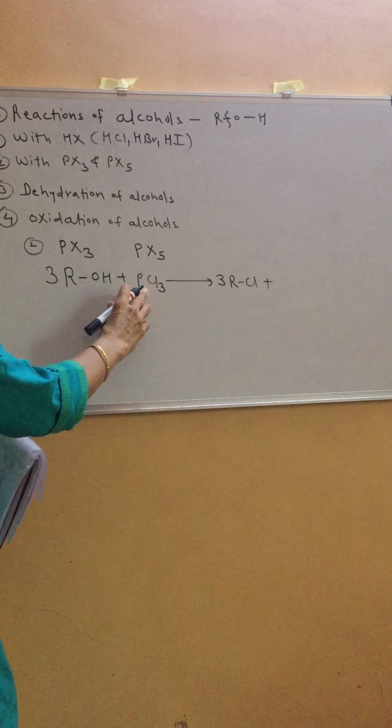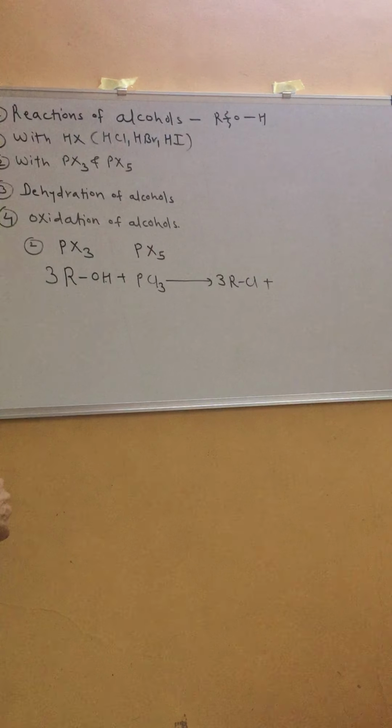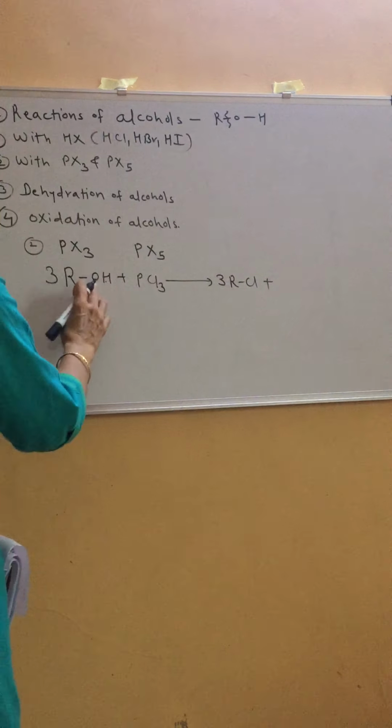We will get 3 RCl, alkyl halide, isn't it? Plus, what will be the byproduct? It will be H3PO3, phosphorous acid. This C-O bond is broken, isn't it?